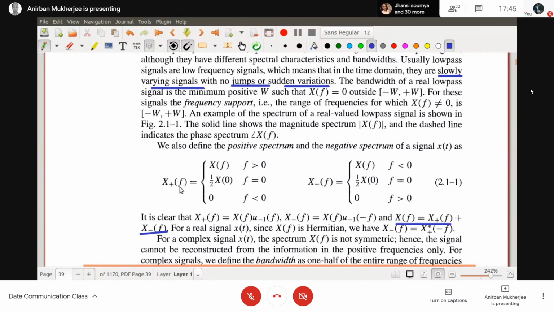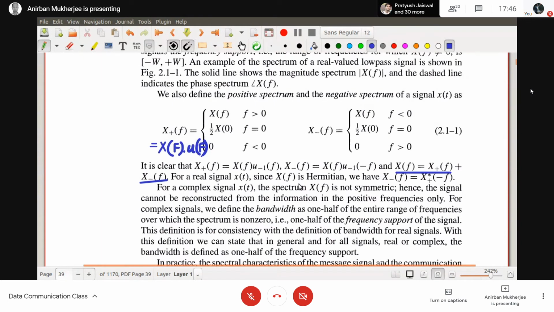So X plus(f) is equal to X(f) times u(f). Now for a real signal, since X(f) is Hermitian, X(minus f) is X plus star(minus f). Please try to do it by hand.